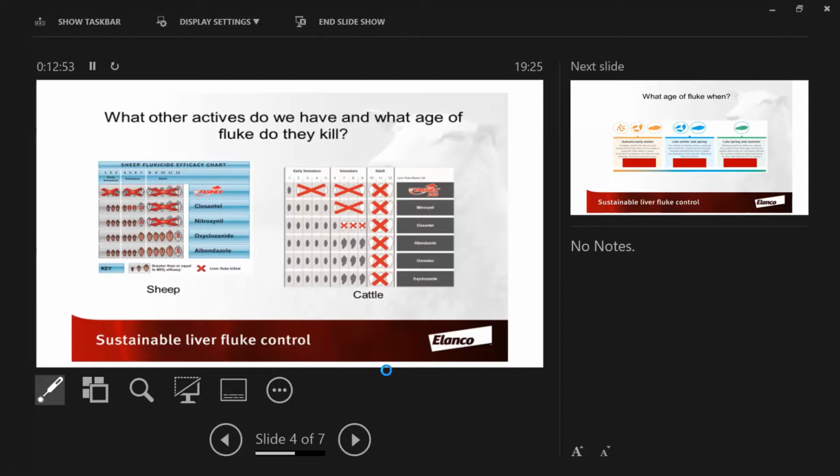But when I say swap the products around, make sure with liver fluke that it's the right time of year for the right product, because that's really, really important. And like I say, you can't do any worse than getting some of this testing done, and Rose is going to cover that in the next session, because I do believe this year we've already had far too many doses go into animals that didn't need them. So, next slide, John.